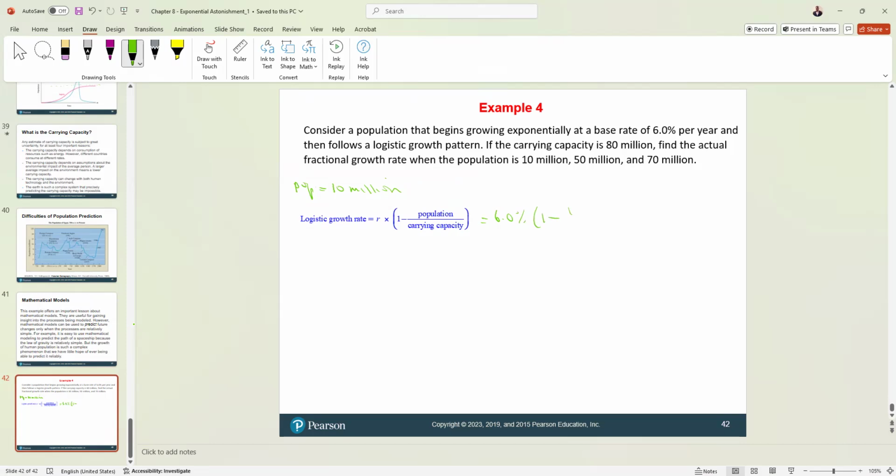Times 1 minus 10 million over 80 million. If you can do that, because that's the formula, that gives you 5.25%. So use this to answer any questions in the homework and also get ready for anything.